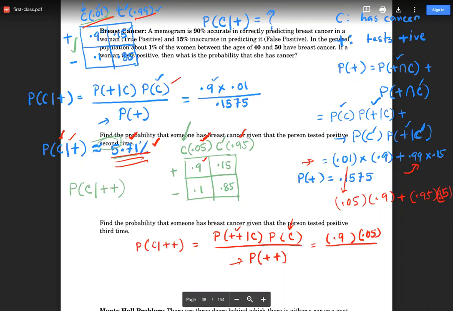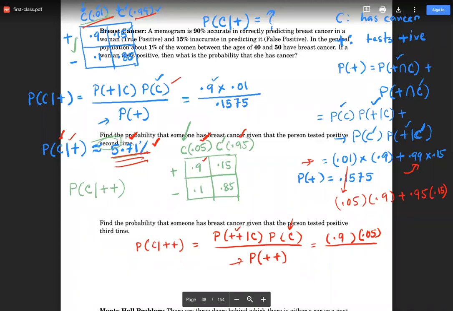0.15, okay? So let me do the calculation. Plus 0.99 times 0.15. Sorry, not good. I meant 0.95 times 0.15. Now, if I do the math, what do I get? 0.05 times 0.9 plus 0.95 times 0.15.